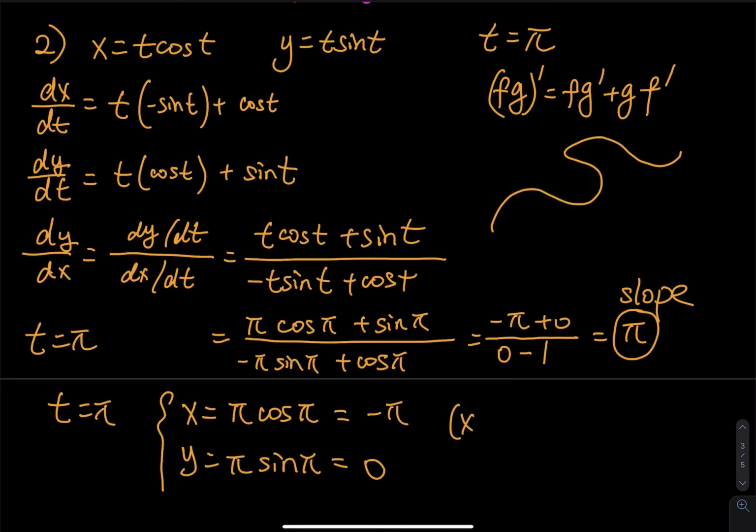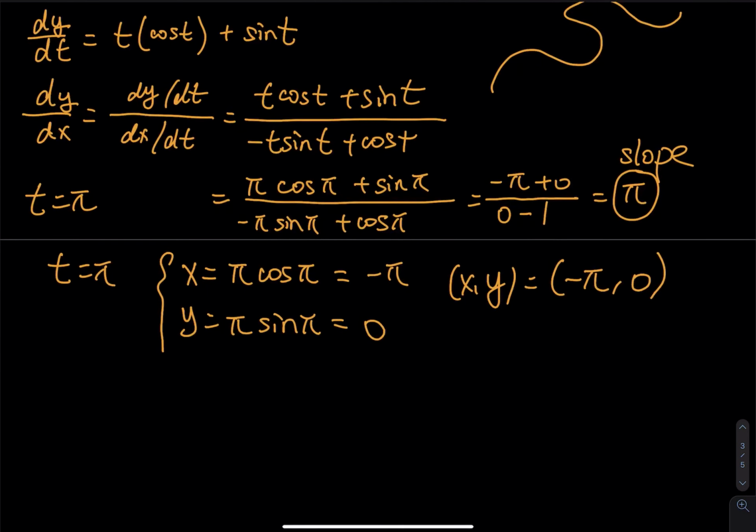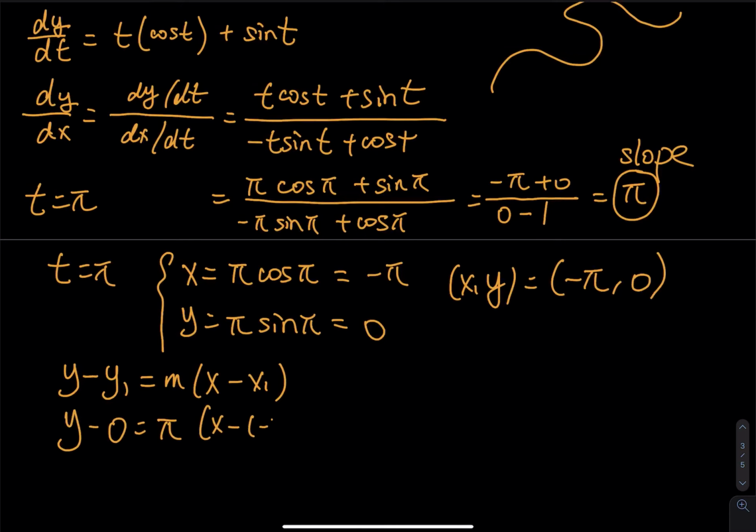So therefore, my location is negative pi comma 0. So we have a point and a slope, and then we build the tangent line, which is y minus y1 equals m times x minus x1. So we have y minus 0 equals pi times x minus negative pi. So we have y equals pi x plus pi squared.